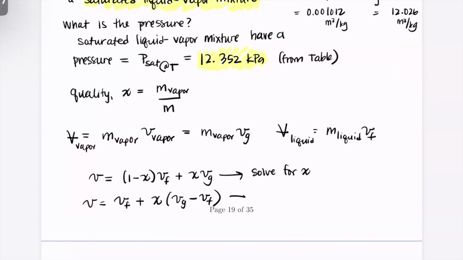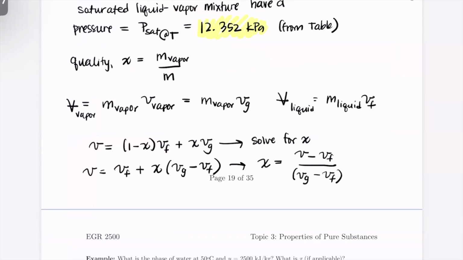So that means I can solve for X as V minus Vf divided by Vg minus Vf. And we have all of those values already, right? We looked them up or solved for them.